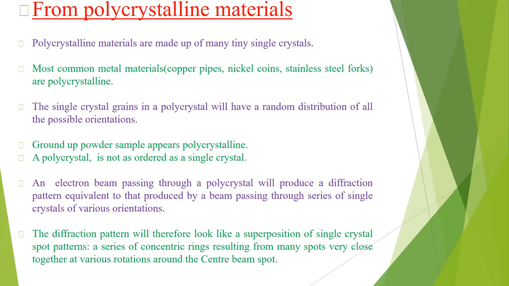The single crystal grains in the polycrystal will have a random distribution of all the possible orientations. Ground up powder samples appear polycrystalline, and a polycrystal is not as ordered as a single crystal.